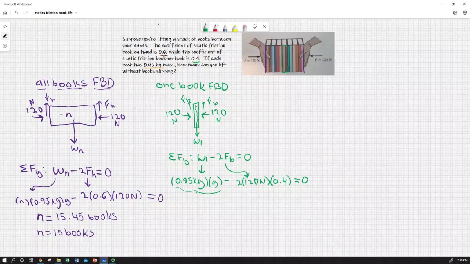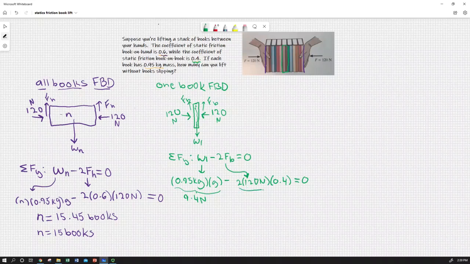I was going to get close to that because I've already defined my weight, but let's just calculate it out, make sure what the weight is. So the weight of one book is 0.95 kilograms times 9.81. So one book is about 9.4 newtons.